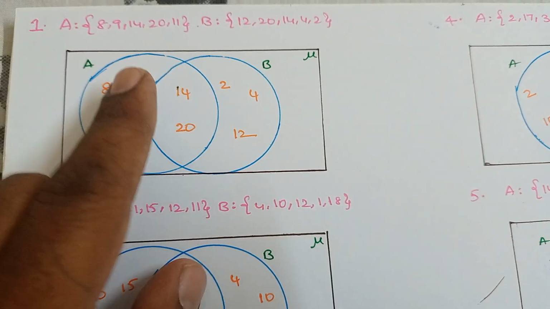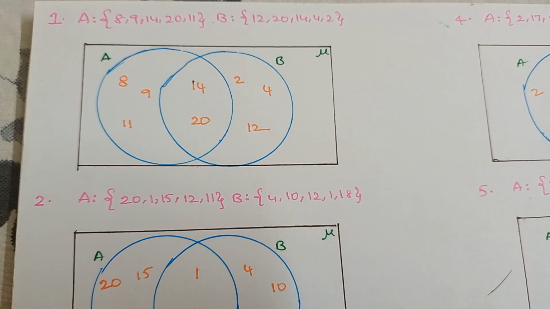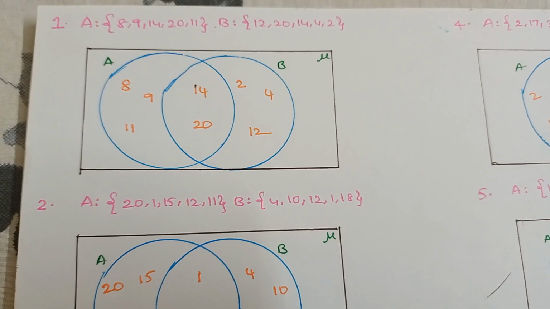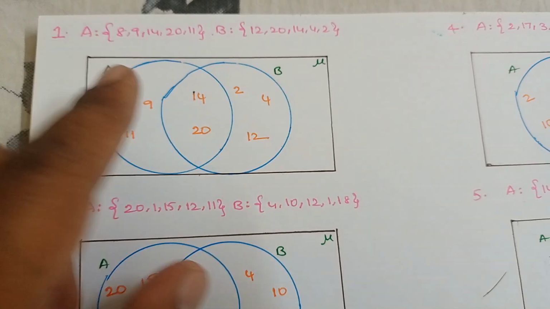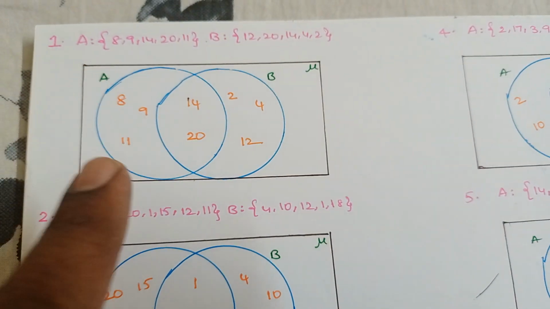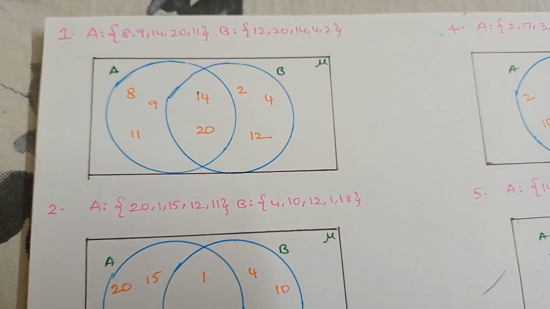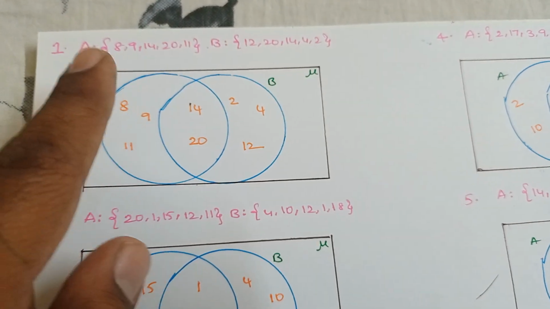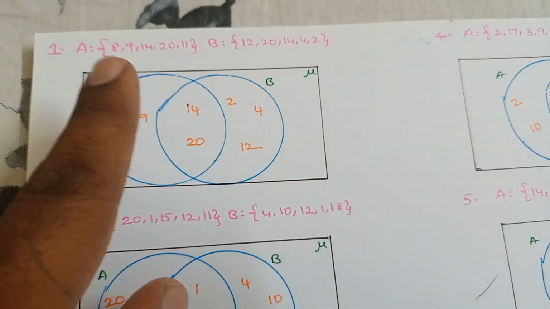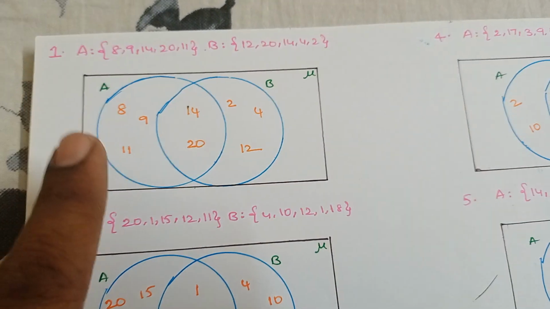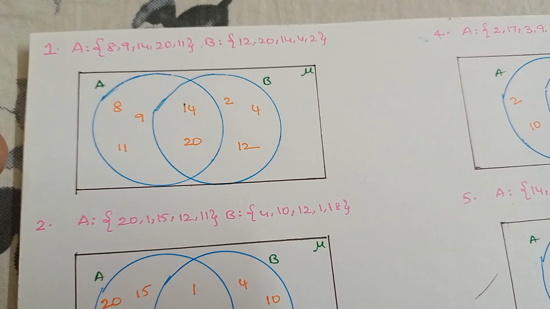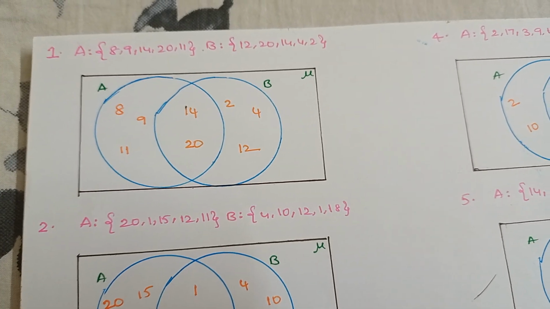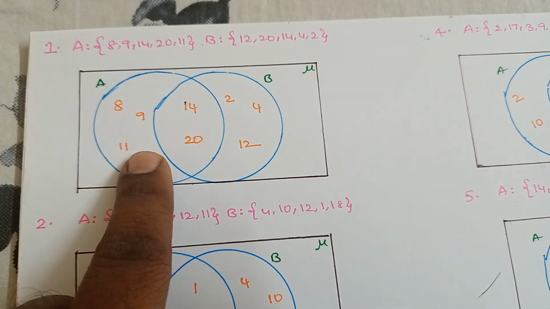Whenever we are drawing a Venn diagram, we should first identify the repeated elements in both the sets. Here the repeated elements are 14 and 20, which we write in the middle region. What are the left out elements in set A? 8, 9 and 11. You write those in this region.